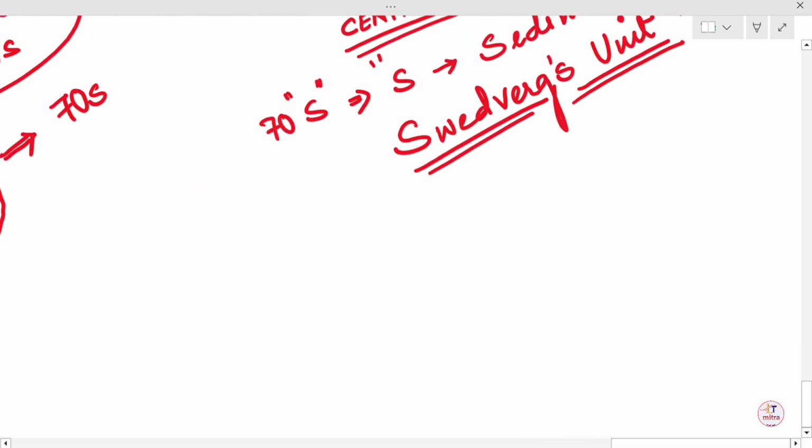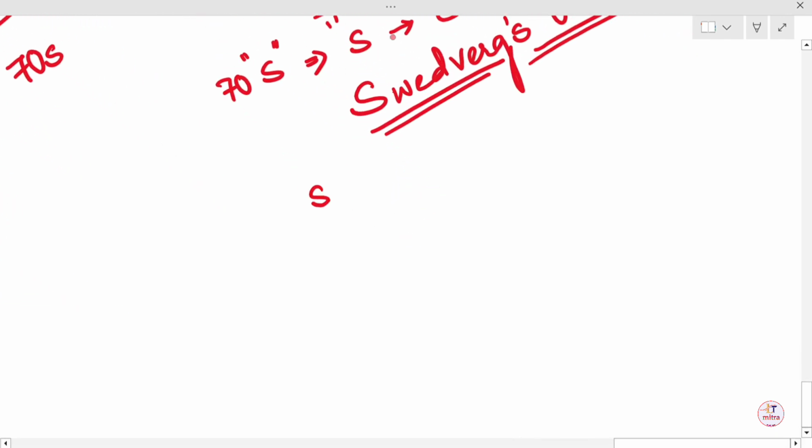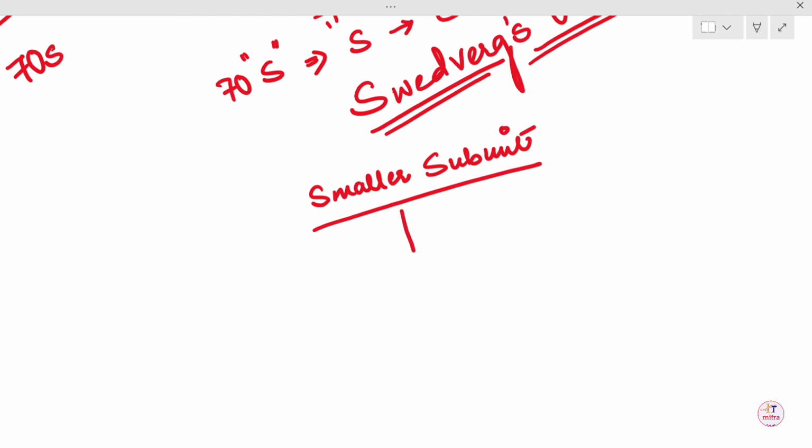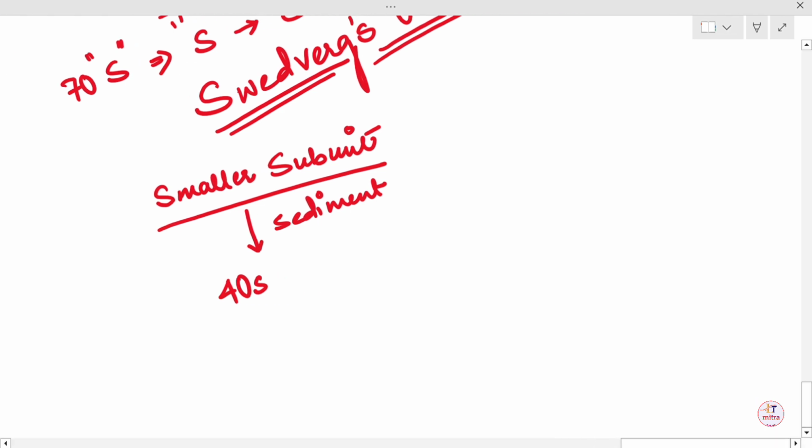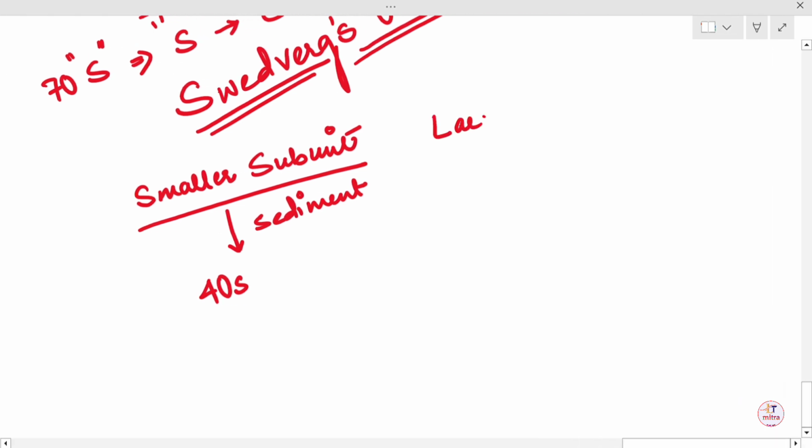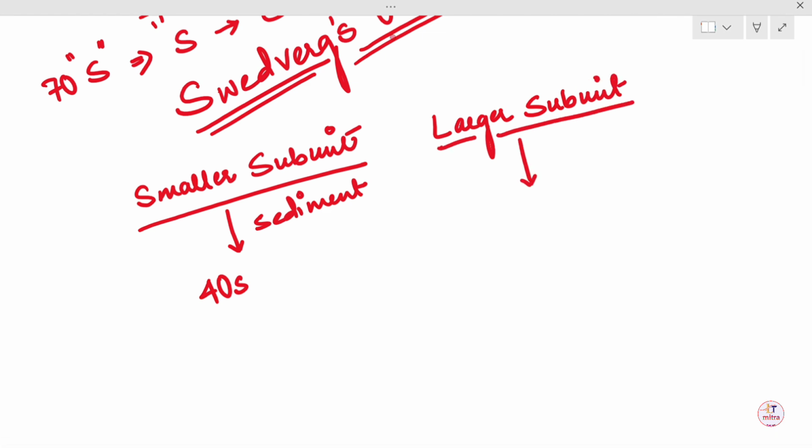Suppose this smaller subunit gets sedimented at 40S, as we have seen. And the larger subunit, on centrifuging, gets sedimented at how much? 60S.